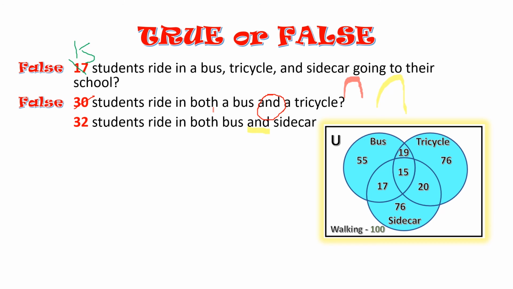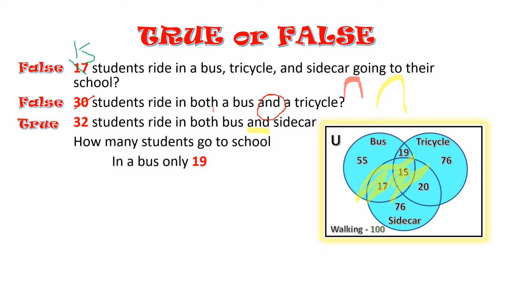So again, when we say intersection, we're going to find the common element of bus and sidecar. So since this is the bus, this is the Venn diagram of bus, and this is the Venn diagram of sidecar, what is their common element? So in the middle of the two is 17 and 15, which is 17 plus 15 is simply 32. That's why our statement is true.